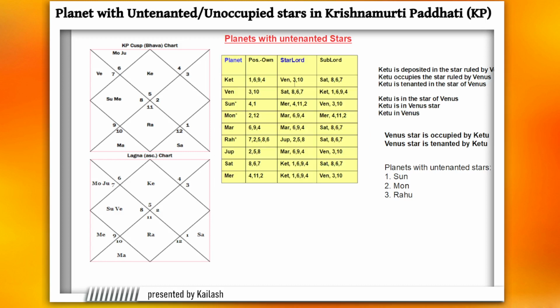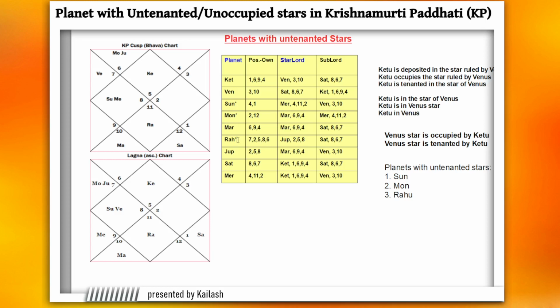This is the signification table, where this particular column is the position and the ownership, and these house numbers appear because of the star lord, and this is because of the sublord. You're pretty familiar with this kind of layout. And so we have identified these three planets, the untenanted planets, over here.